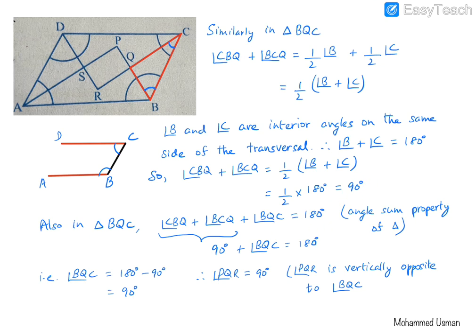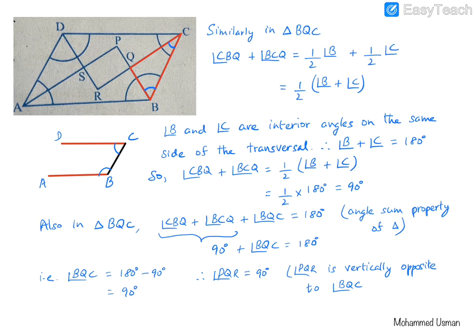Again we'll apply the angle sum rule for the triangle BQC, and we'll see that the sum of the three angles inside the triangle will be equal to 180 degrees, and we know the other two angles add up to 90 degrees, so the third angle must also be 90 degrees.